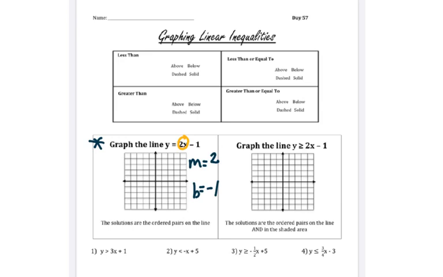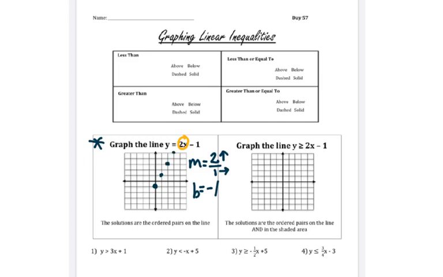So B stands for begin, so we begin at -1 on the y-axis. That's called the y-intercept. M stands for move, so the M has to be a fraction, so that way we can rise, it's positive, over run. It's been a little while since we've graphed by hand. So I begin at my y-intercept, and I go up 2 over 1, up 2 over 1.